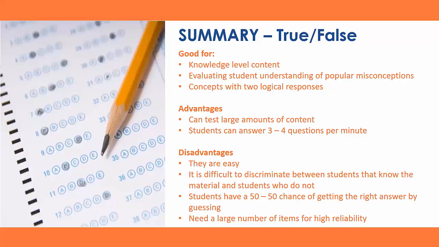The benefit is you can really test them and cover quite a lot of content in a fairly short amount of time. From the teacher's perspective, true-false questions can be written fairly quickly and they're pretty easy to score, as long as you make sure that they have some way to denote T and F and not just the tricky way where you can make it look like one letter.